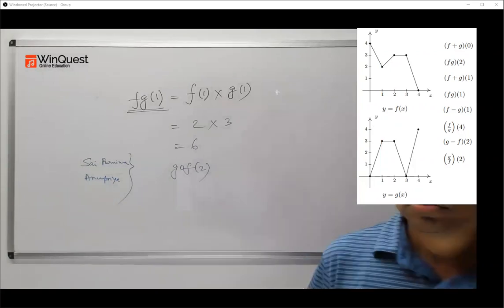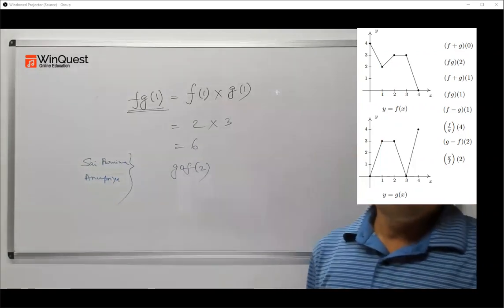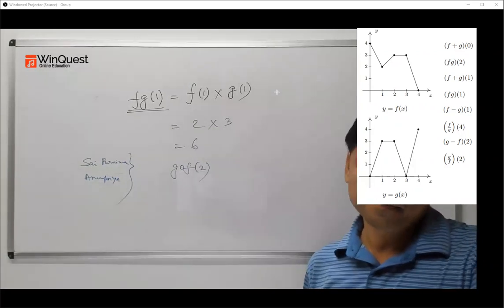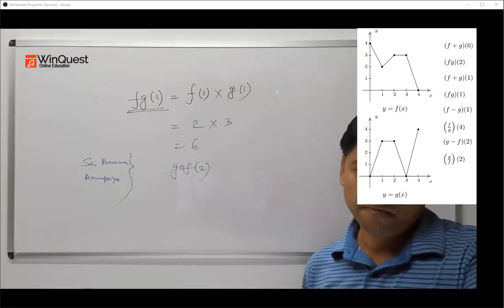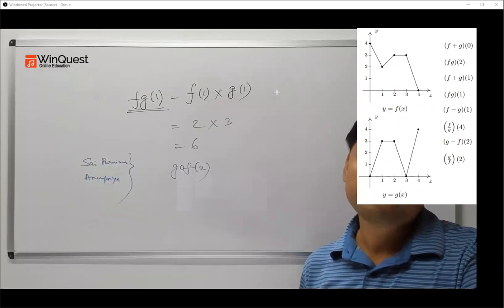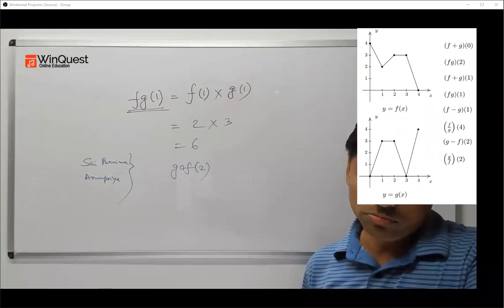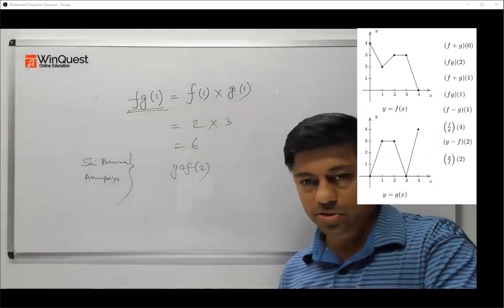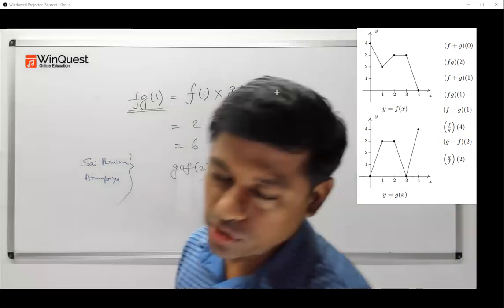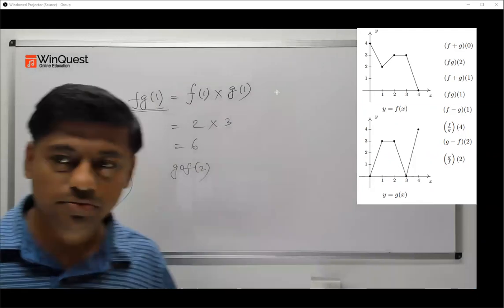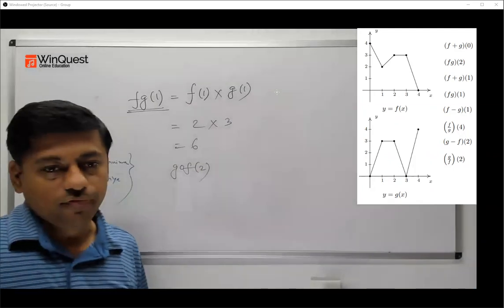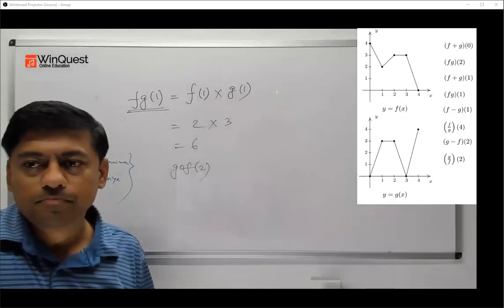Because when you look at f of 2, you know that the value is 3. When you go to g of x for g of 3, it's 0. Are you sure? I guess. Sai Purnima, will you support your friend, or are you confused? I'm a little confused.